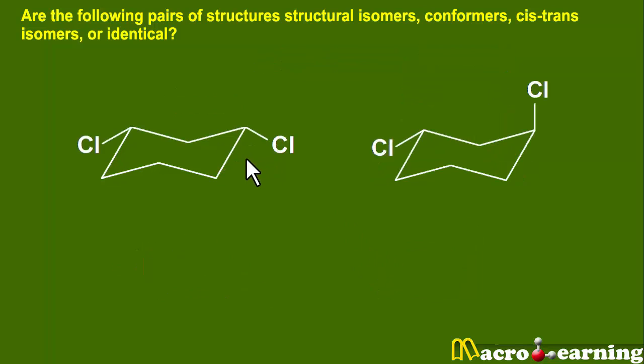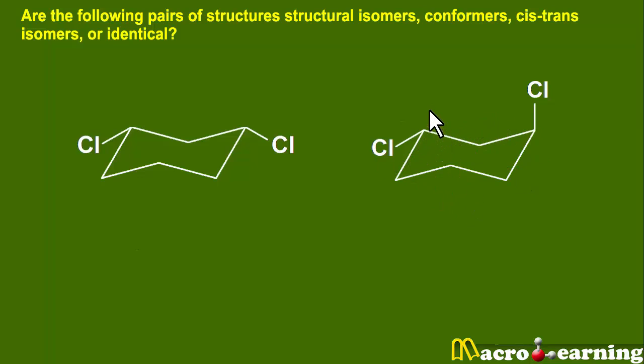Okay, this pair of structures to me are also cis-trans isomers, just like the last one we did, because in this structure the two chlorine substituents are on one side of the ring. They're both below the ring, whereas in this one, one is above and one is below. They're on opposite sides of the ring.